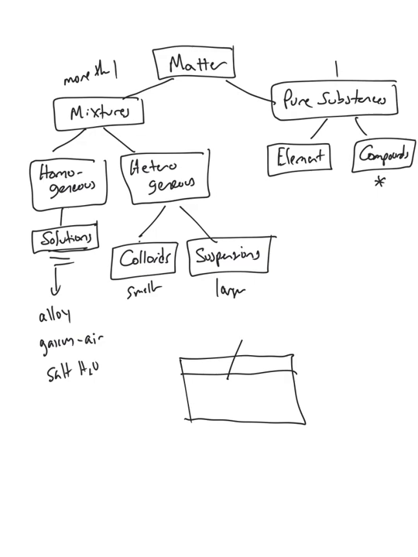So if we have a solution like salt water and we shine a flashlight through it, light would travel out the back end, but you would not see light reflect through the sample of salt water.